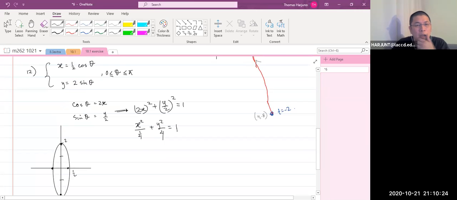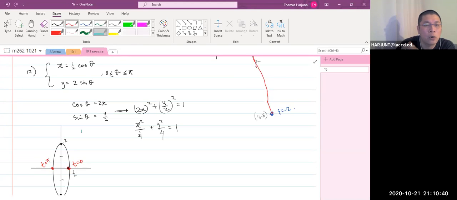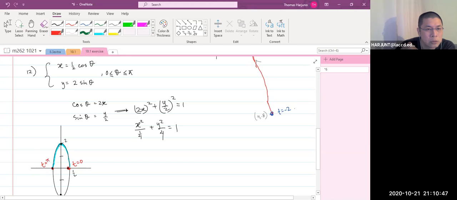When theta equals 0, you start here. When theta equals pi, you are here. Okay. So the curve is only this part. Not the full ellipse, it's only half the ellipse, because of that limitation here.